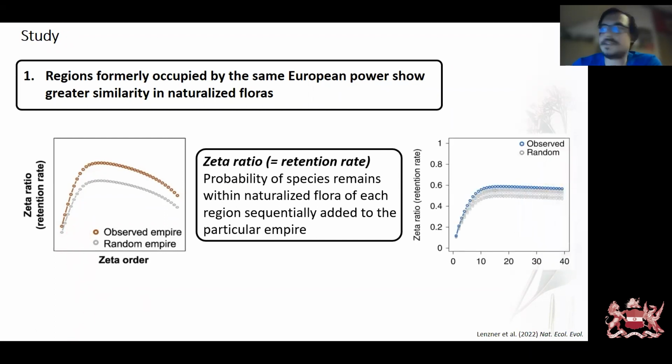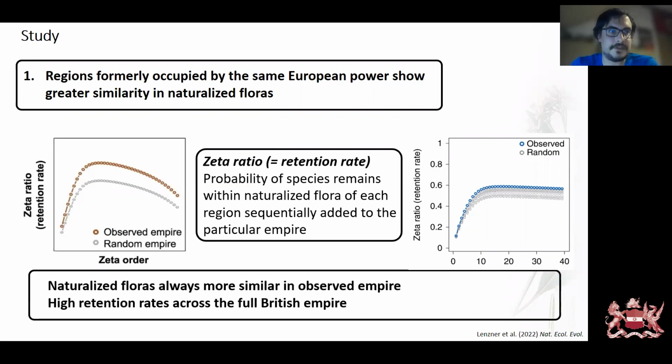We're looking at the results for the British Empire here. We see this increase in similarity, and in blue, we see the results for the observed empire, and in gray, the results for the randomized empires. Then what we can get from this is that the naturalized floras are always more similar in the observed empire compared to the random draws.